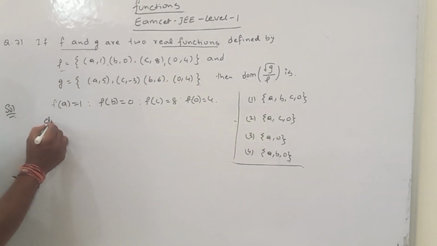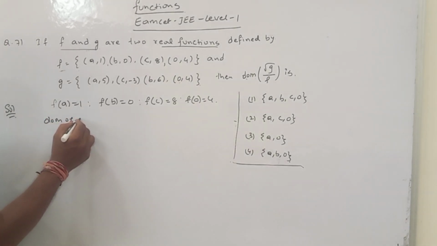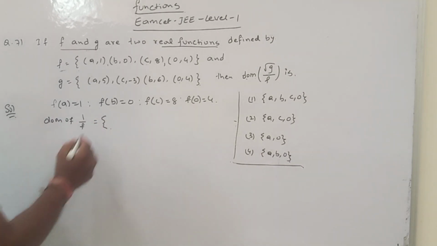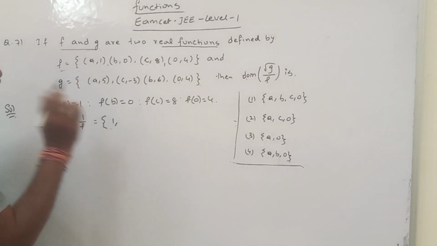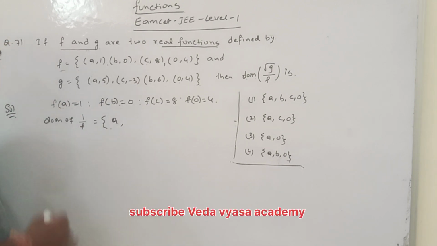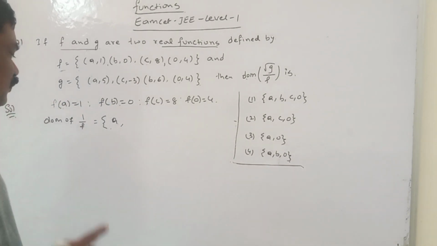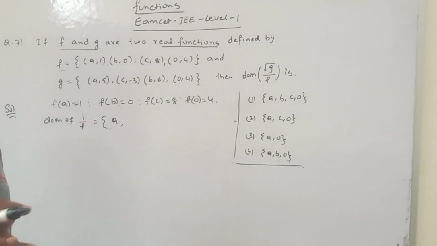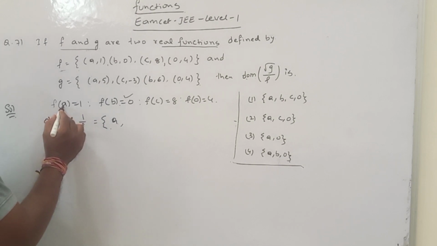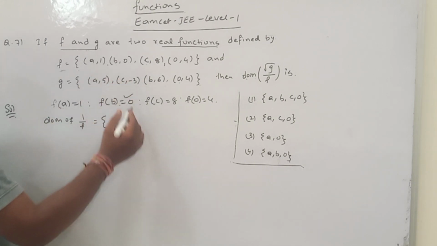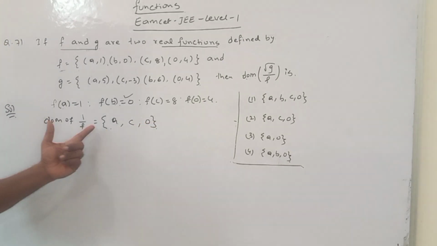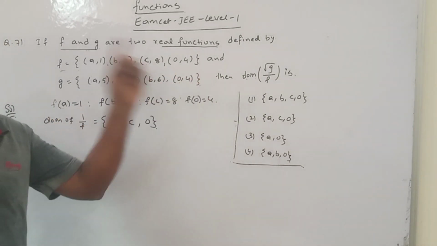So domain of 1 by f is equal to the set of a, okay, f of b is equal to what? 0. 1 by 0 is infinity. So that does not take a value. The first terms are the domain. So a, c and 0. This is the domain of 1 by f.